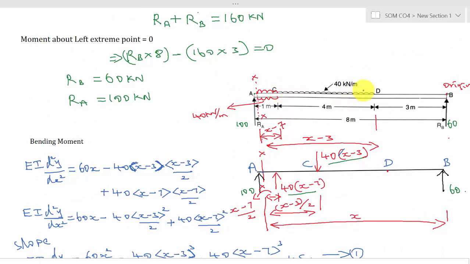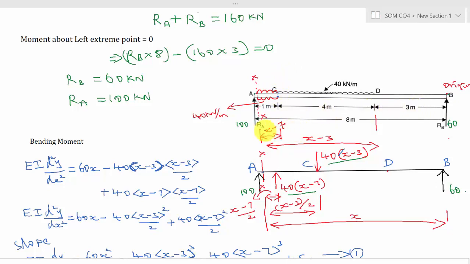Okay. Then another important point is, if you see the drawing, the maximum deflection will occur in between this C and D. So what I'm going to do is consider only this B to C region, and I'm going to neglect the remaining region. So just like the previous problem, I'm going to neglect this x minus 7 because I'm going to consider only up to this C point. So if I consider up to C point, then the maximum possible x value will be 7.